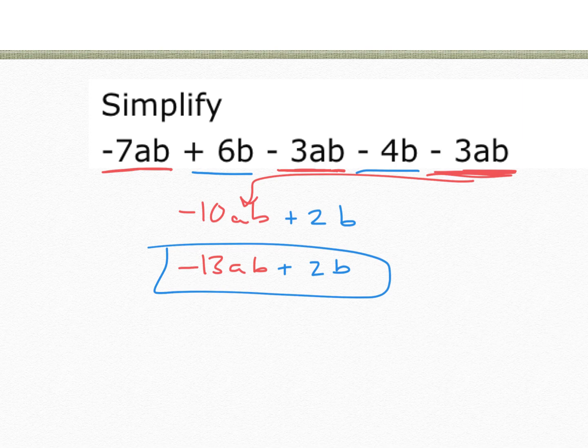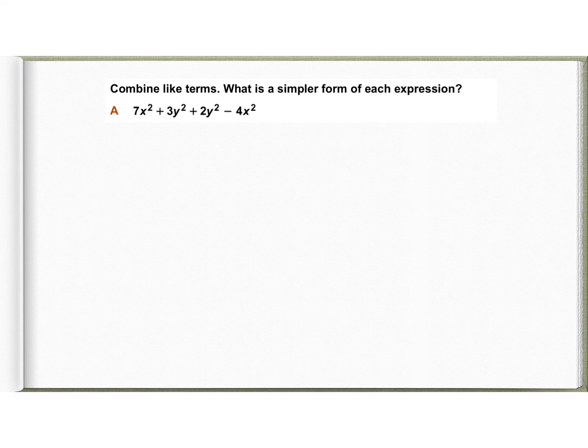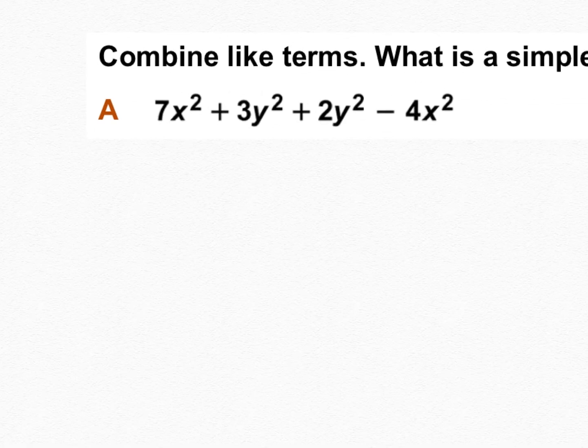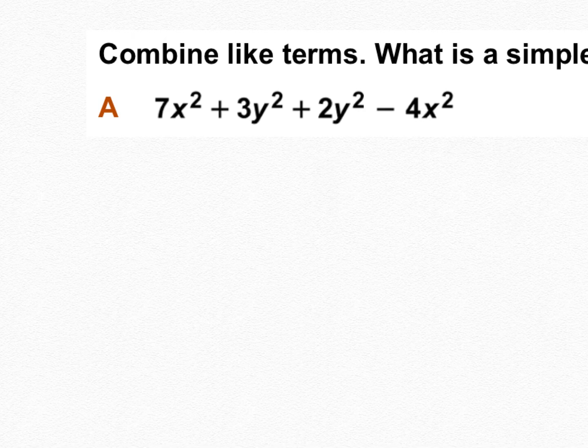Any questions here? Last one. Combine like terms. So what like terms do I have with 7x squared? Negative 4x squared.